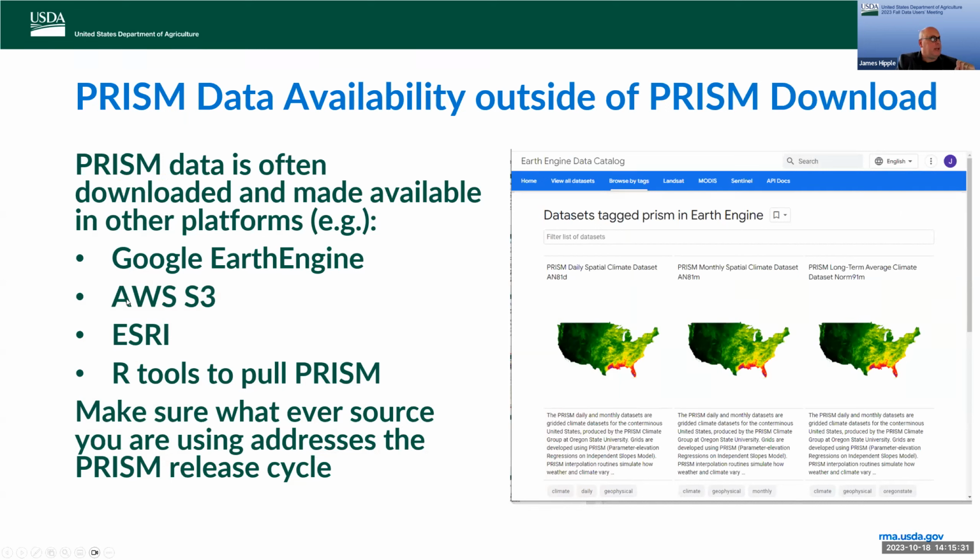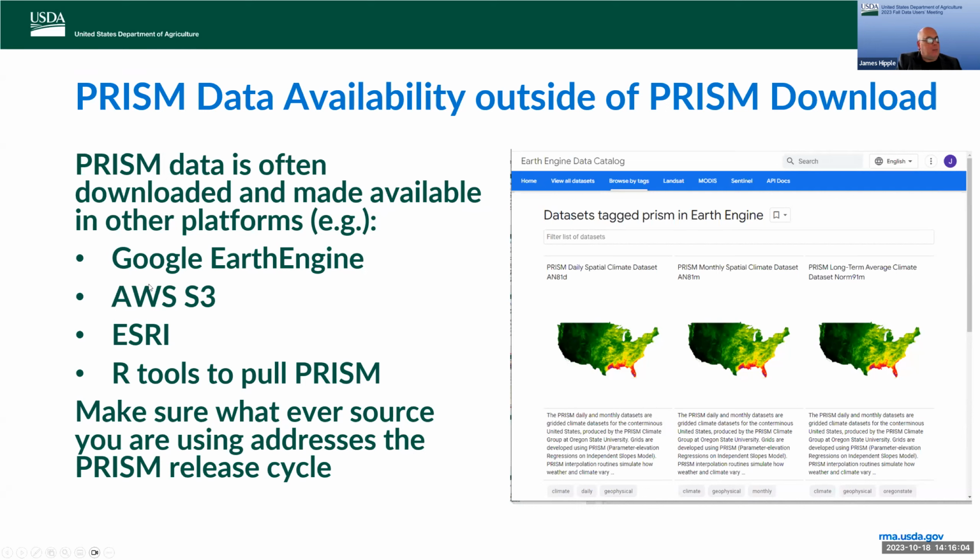There's PRISM data, either user pays or publicly available, in S3 buckets on Amazon. It is available within Esri toolsets. There's been some development of models out there. I think some folks at UC Davis put together some PRISM R tools to pull PRISM data.